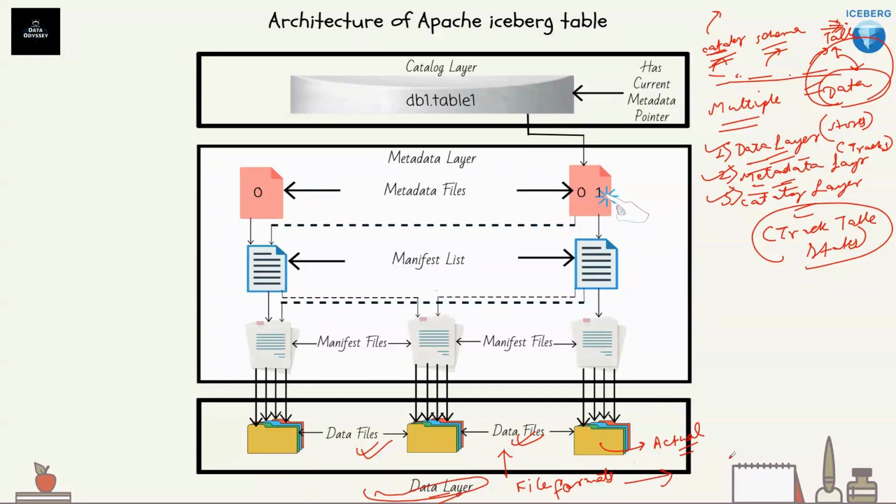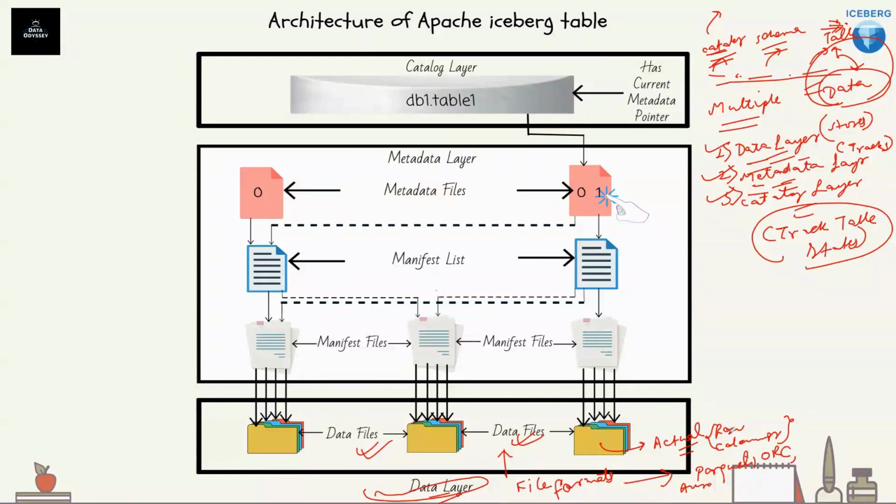We have got the Parquet file format, the ORC file format, the Avro file format, and actually these can be classified into two main categories. One is row file format, and then we have the columnar file format, right? So these are the two ways in which we can classify our files, correct?